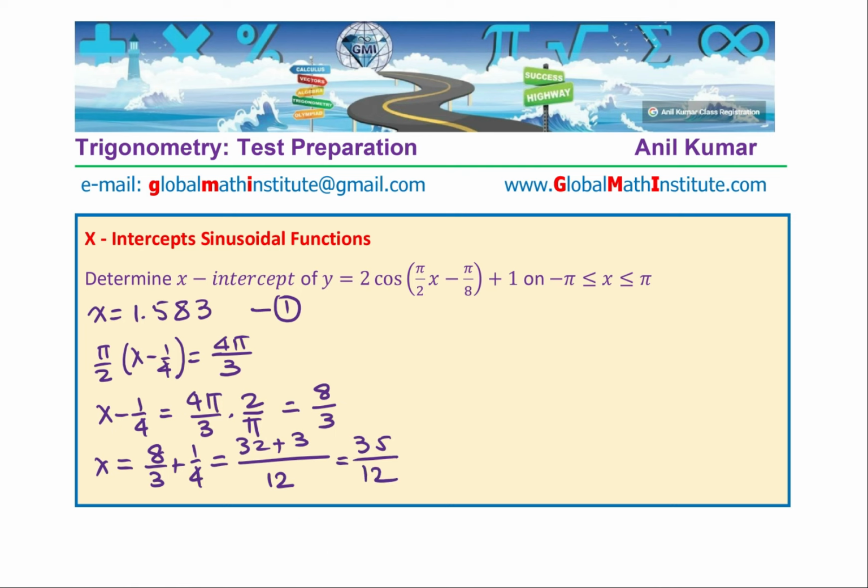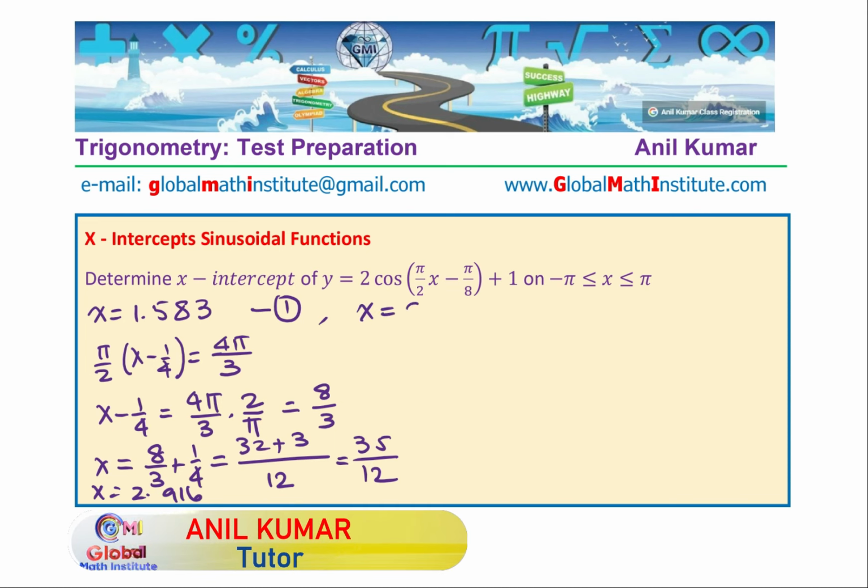So this time 35 by 12 is how much? Decimal value 2.916, 6 recurring. So we get the second value of x as x equals 2.916. Do you see that?